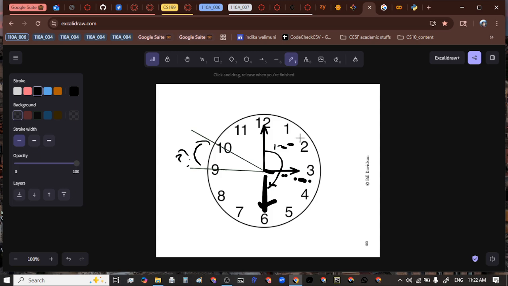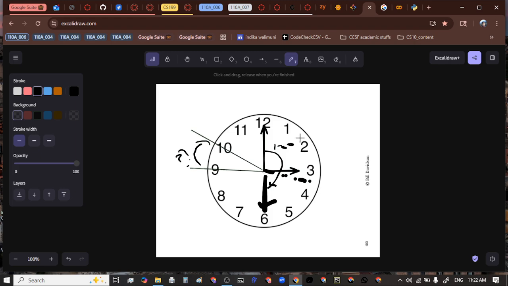This one? No. 15? Did you say 15? No. The angle between, so how do we calculate that? There's a way to calculate that angle, right? There are 12 segments, right? Because there are 12 hours, so there are 12 such angles, right?